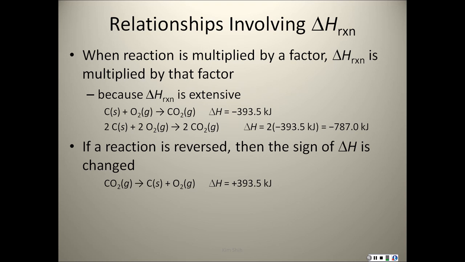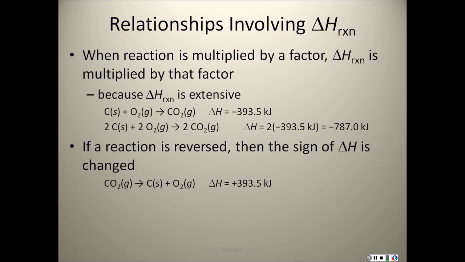Likewise, if I'm looking at a balanced chemical reaction and I look up the delta H for each individual species, and I did my products minus the reactants, each individual delta H would have to be multiplied by that species' coefficient from the balanced chemical equation.